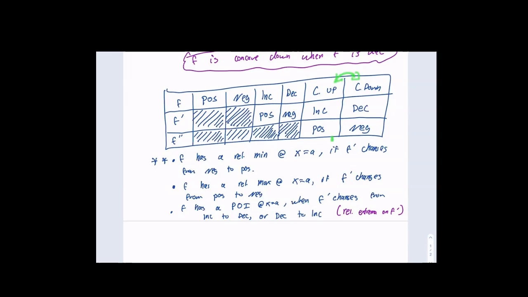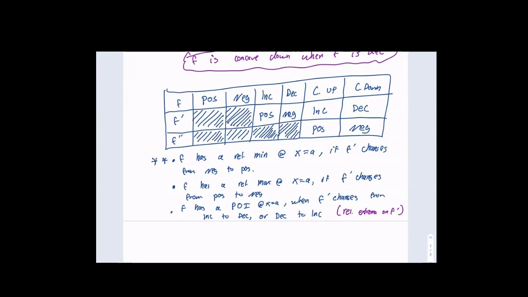In our previous justifications, we noted that that was similar to when f double prime changed sign. Well, now we have this new one right here, that there's a point of inflection, therefore, for the function f if f prime changes from increasing to decreasing or decreasing to increasing.